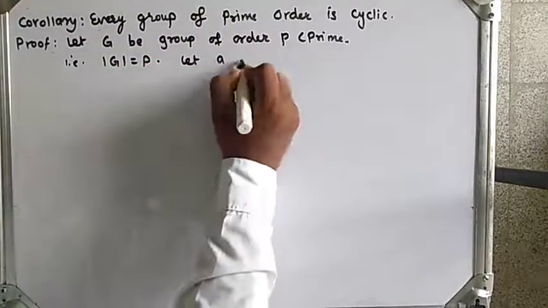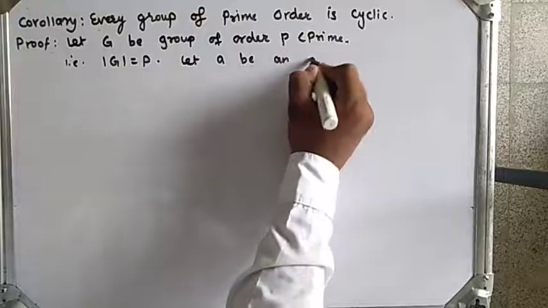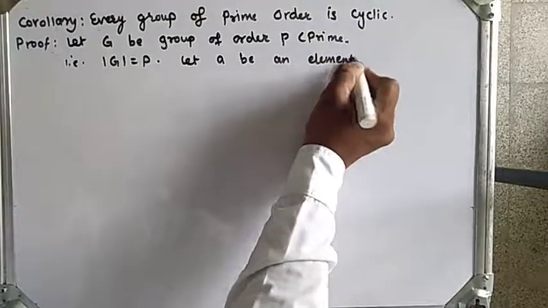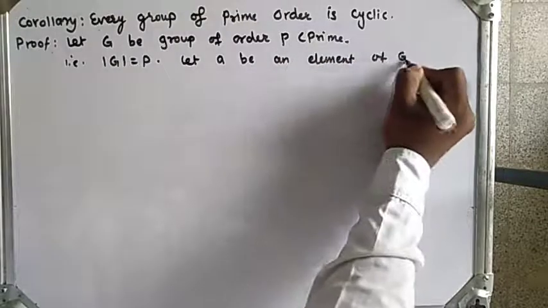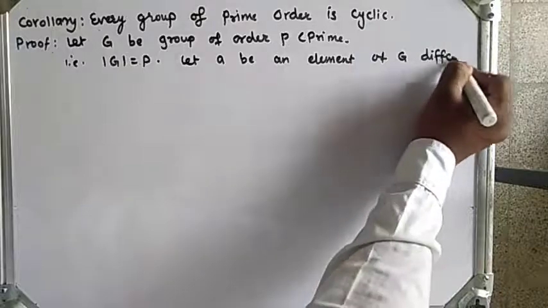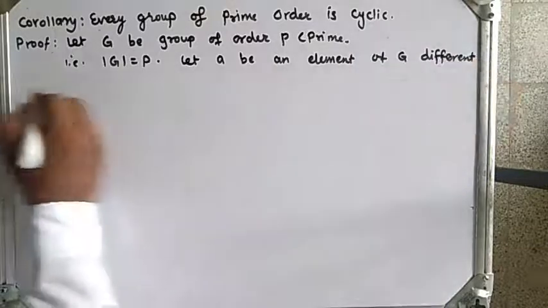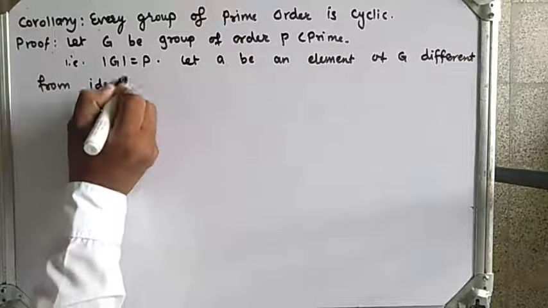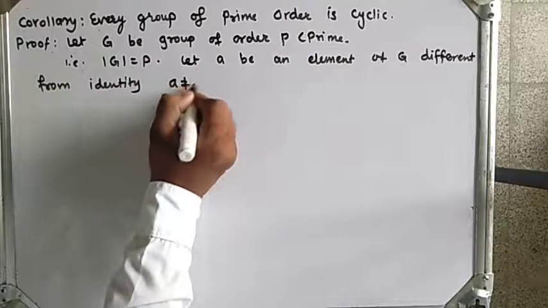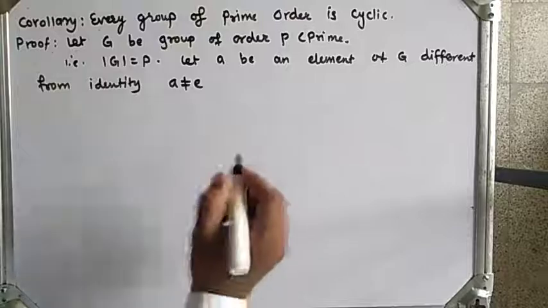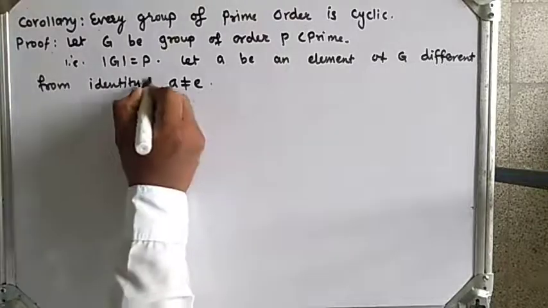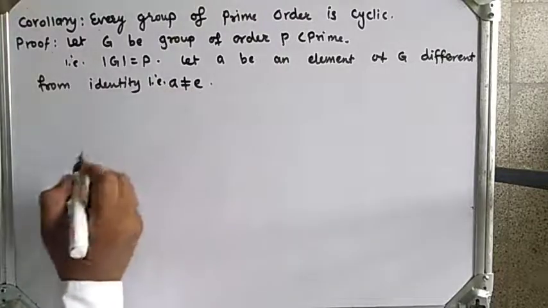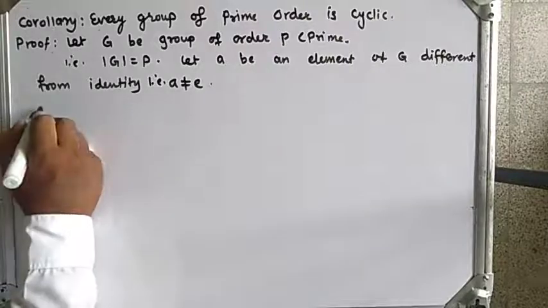That means A is not the identity, A not equal to identity. Then consider the subgroup H generated by A.